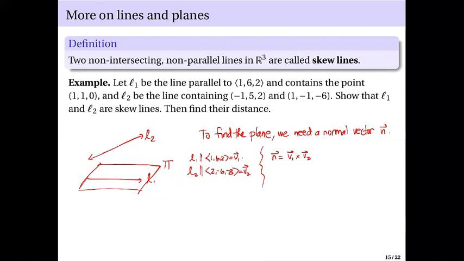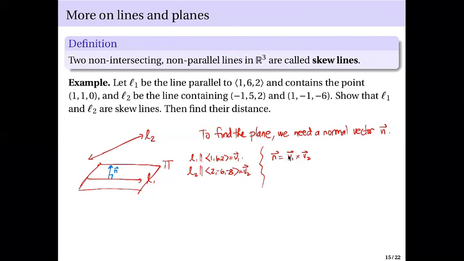Remember, if two vectors are perpendicular, then their dot product is equal to 0.